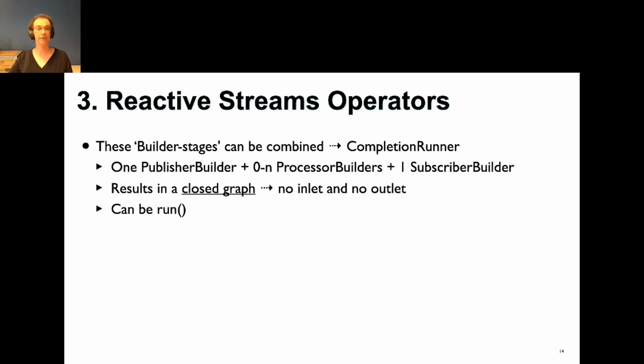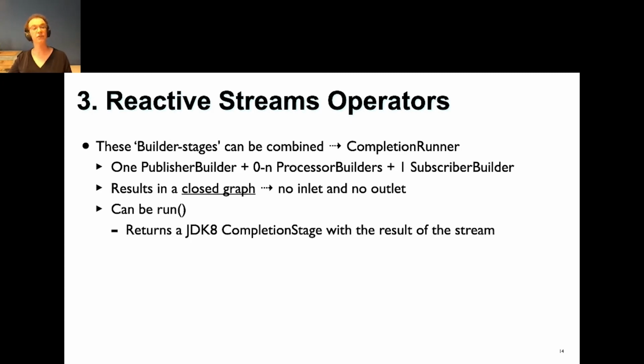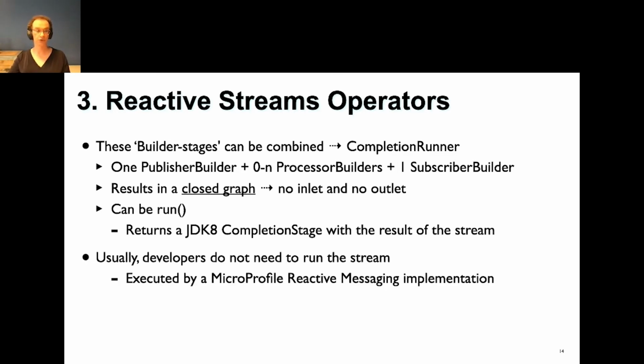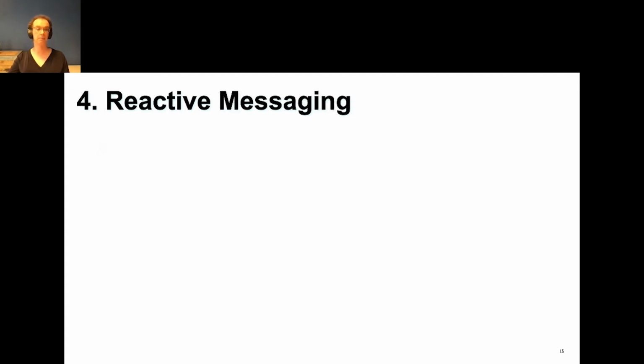So a closed graph. And you can run this thing, and this returns a Java 8 completion stage with the result of the stream. Fortunately, we as developers do not need to run the stream. That is where the Eclipse Microprofile Reactive Messaging implementation comes into play. Right, let's have a look at reactive messaging.